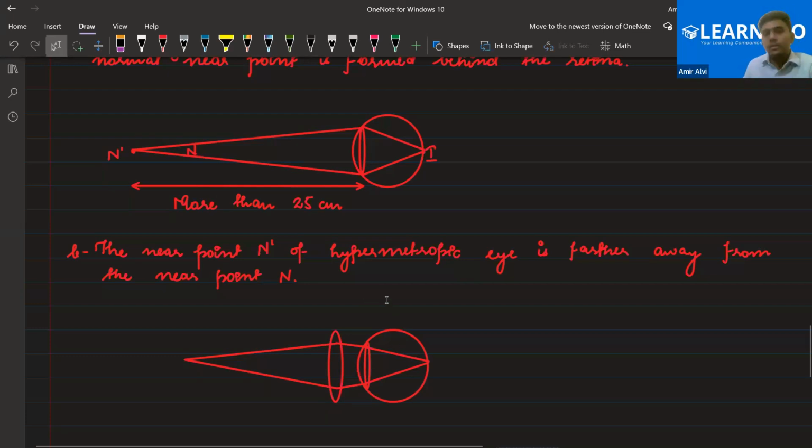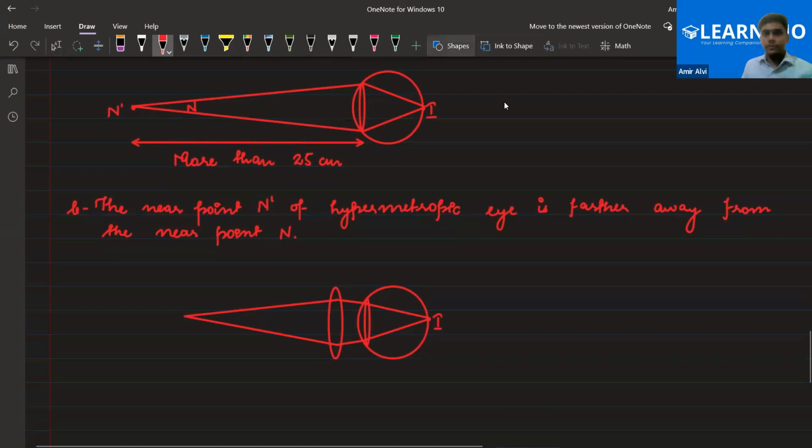Okay, Shazil, as you can see, the image is formed completely at the retina, right? Yes, sir. This is the image formed. Okay. And the near point is 25 centimeter.